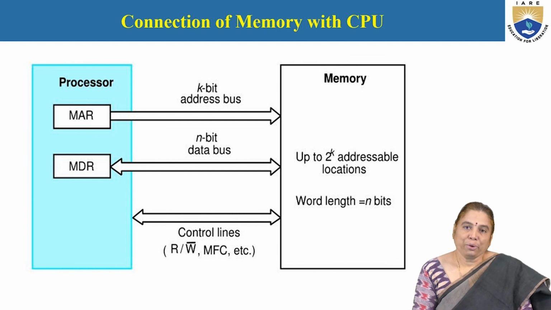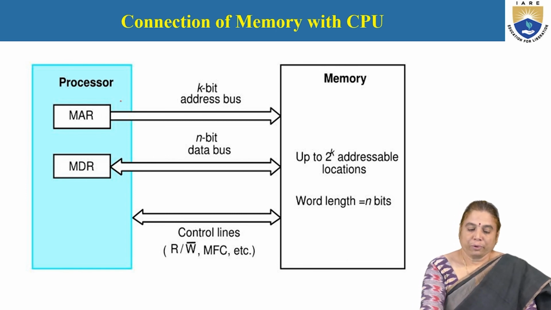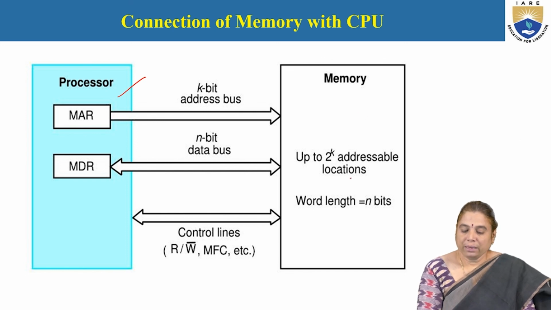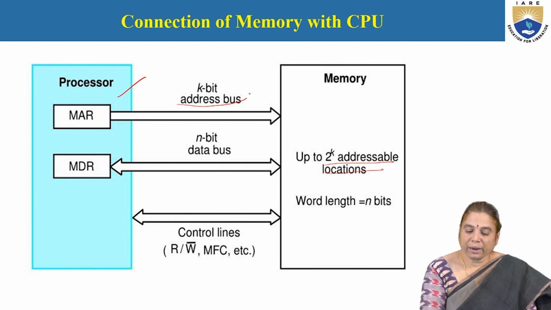How is this memory unit connected with the CPU? So this is the processor. The processor contains the MAR and MDR registers, memory address register and memory data register. And memory consists of 2^k addressable locations. Why? Because there are k-bit address bus lines and this MAR holds the location of the memory.